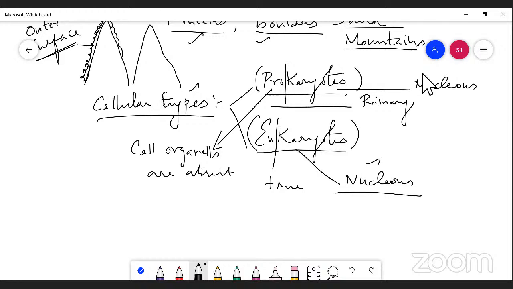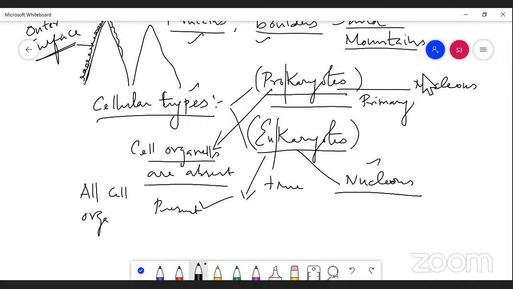What are the cell organelles? Golgi body, chloroplast, endoplasmic reticulum, and so on. All cell organelles are present in eukaryotes.